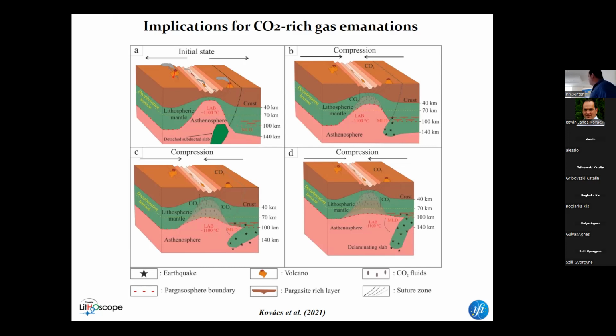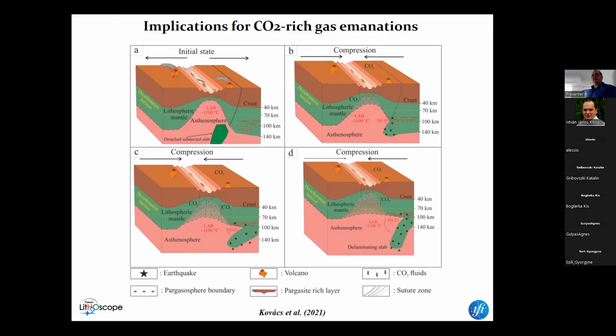So to cut a long story very short, what I would like to say is that in young oceanic basins and in young extensional continental basins like the Pannonian Basin, the asthenosphere itself can be the source of carbon dioxide.